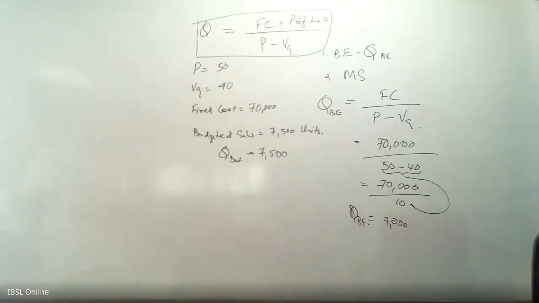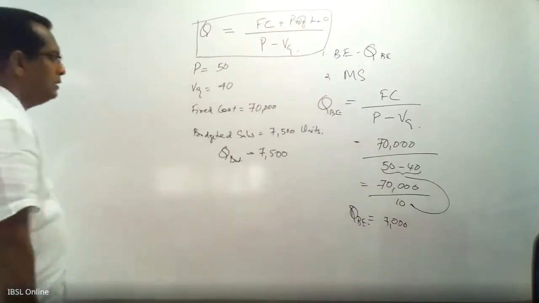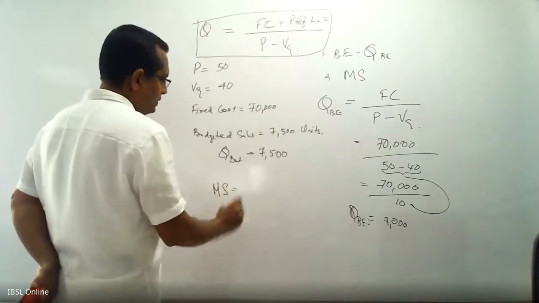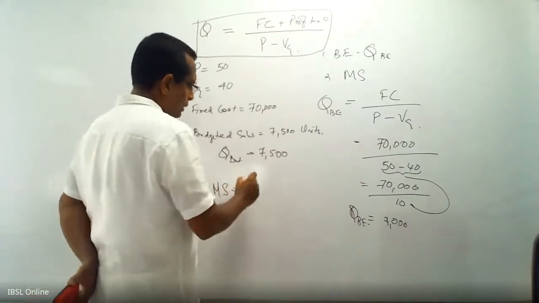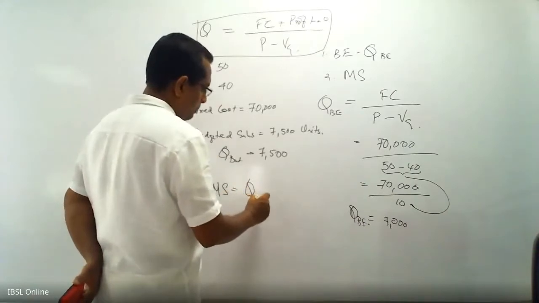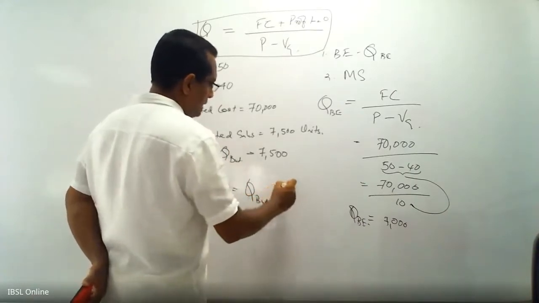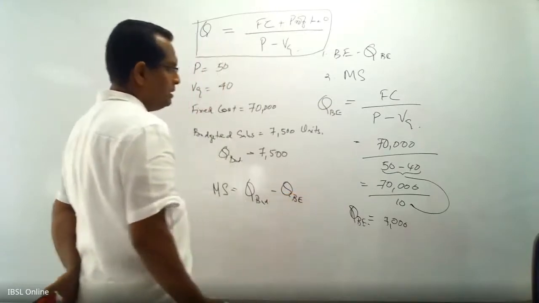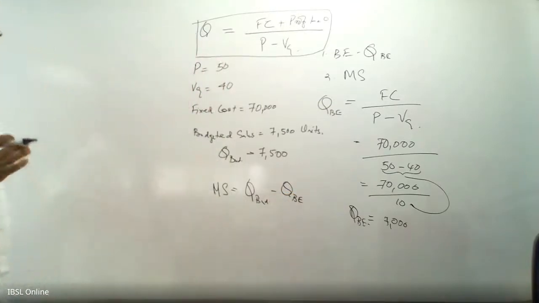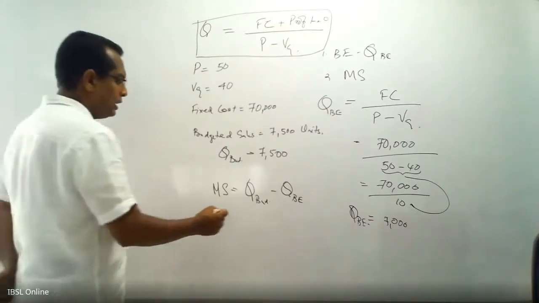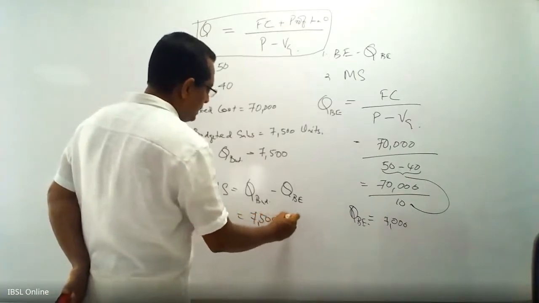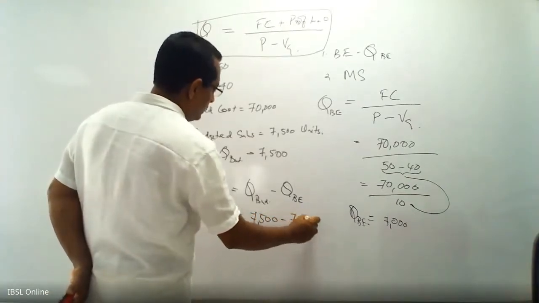Right? Then you have to find out the margin of safety, which is equal to Q budgeted minus Q break even. Right? Margin of safety is the difference between the budgeted quantity and the break even quantity. 7,500 minus 7,000.